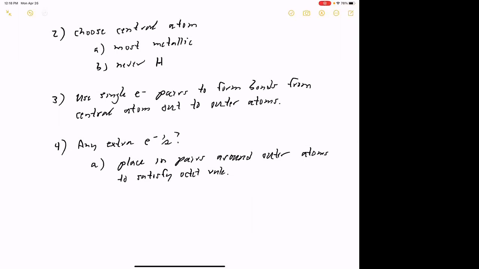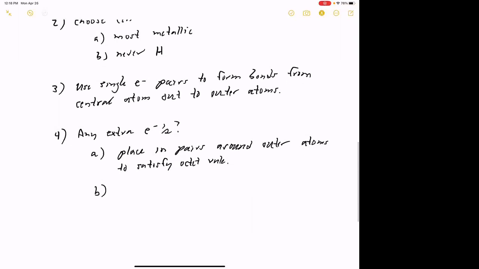Then the other thing is if we have any around there anymore, after we've done that, we're going to place them on the central atom.